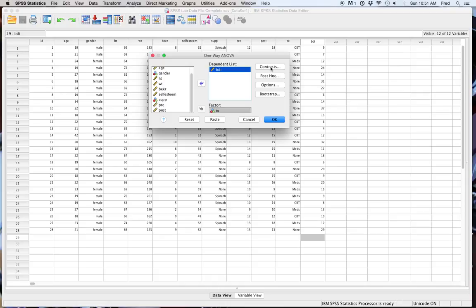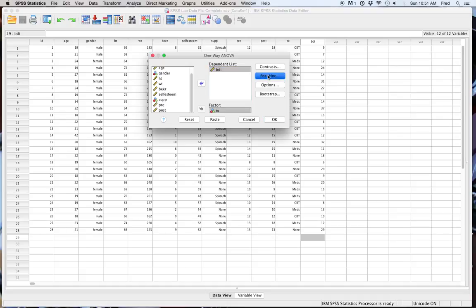Now, they might all have come from different populations, or just some of them, but more than one. The problem is the F-test will only tell us that at least one of them is significantly different or comes from a different population. If we get a significant F-test, then we go ahead and do post hoc analyses. And post hoc, if you remember from our lecture, stands for after the fact.